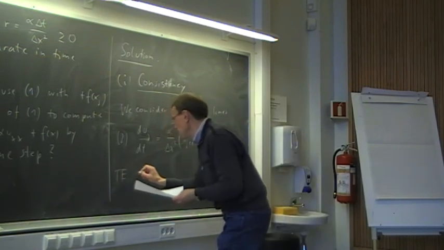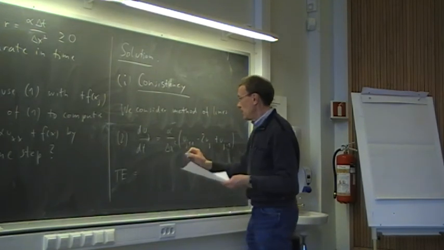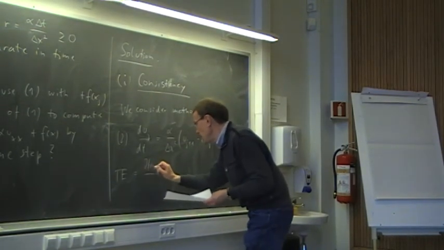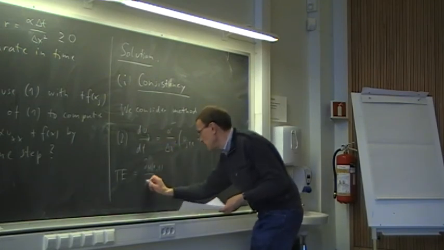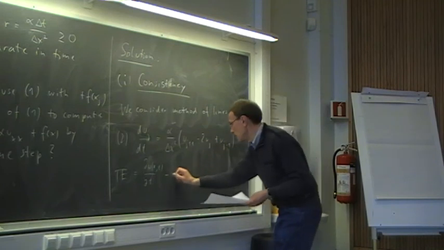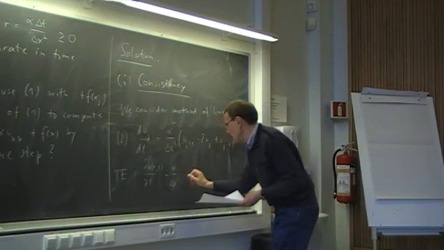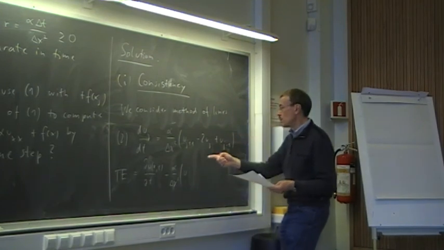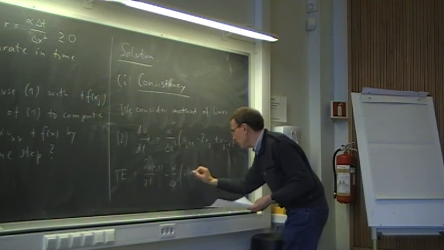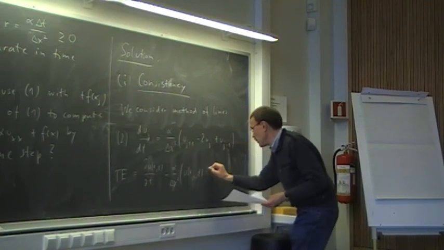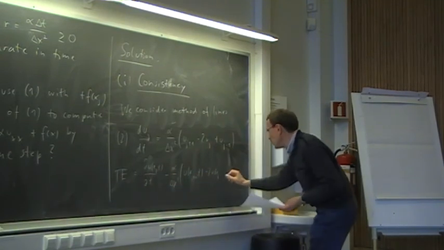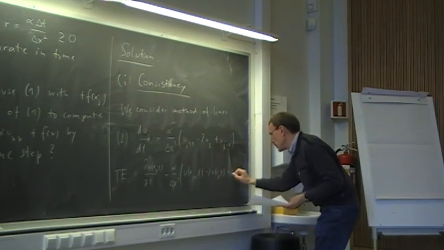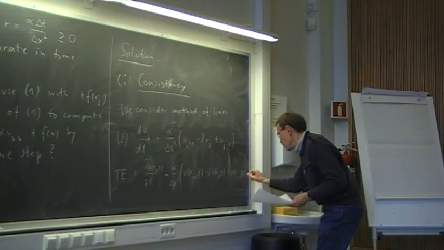So the truncation error then is, if we take the d of u of x_j over dt, minus, taking that on the other side, alpha over delta x squared times the exact solution, u of x_{j+1}, t minus 2u of x_j, t plus u of x_{j-1}, t.